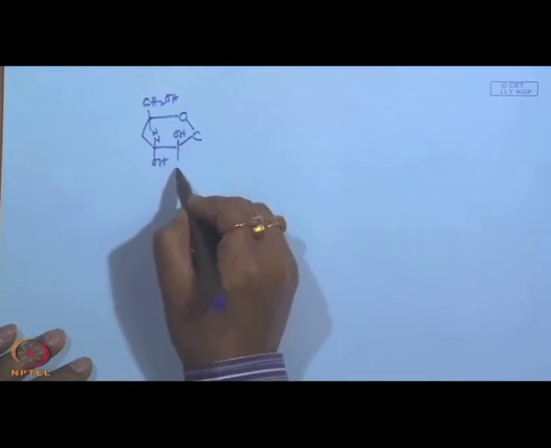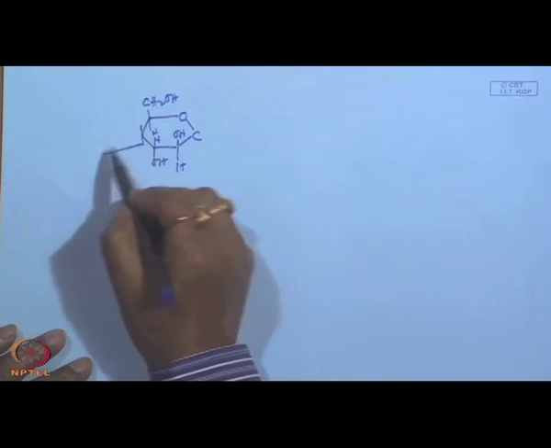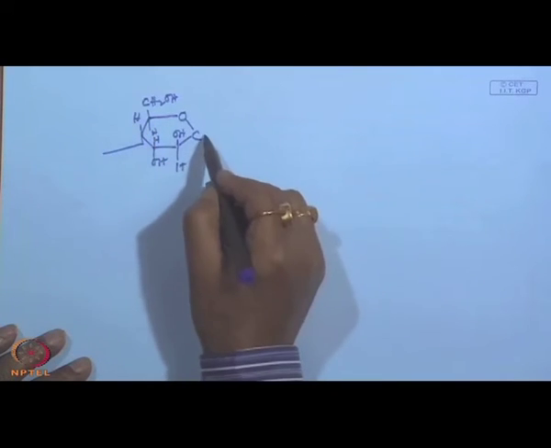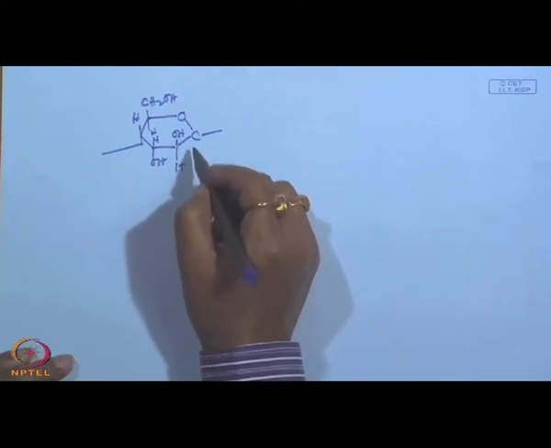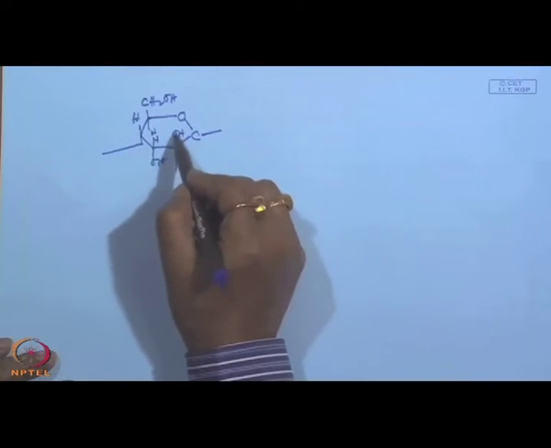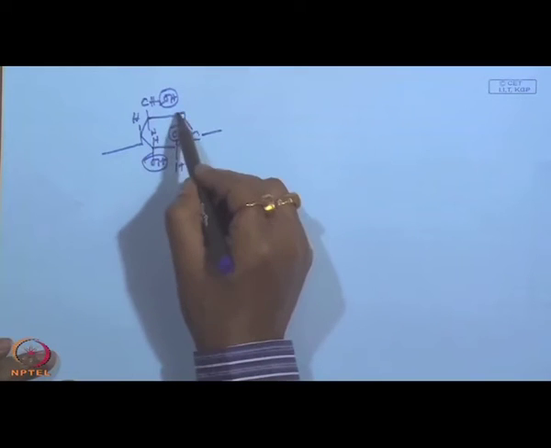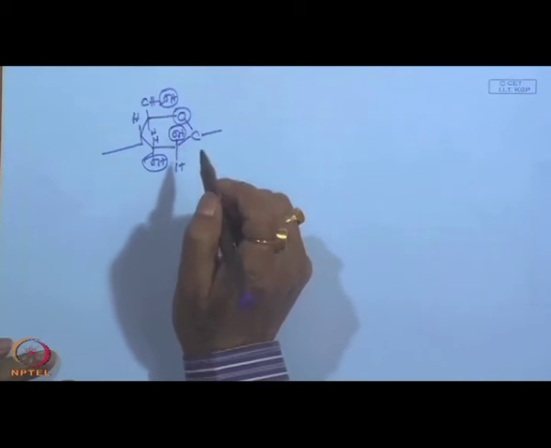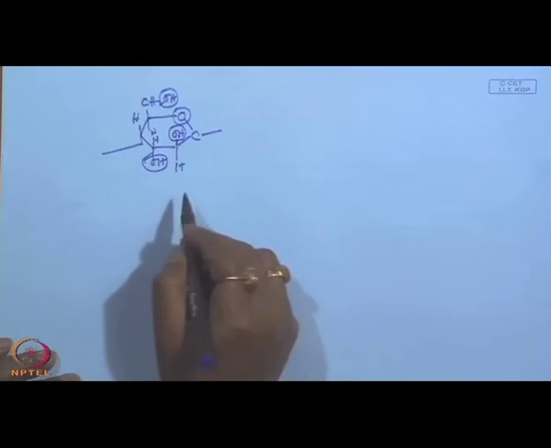So, it contains the anhydroglucose unit. That anhydroglucose unit contains these hydroxyl groups, primary and secondary, as well as this oxygen atom over here. So, due to the presence of these hydroxyl groups, there can be intermolecular hydrogen bonds.